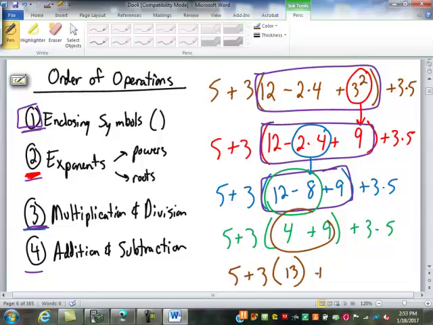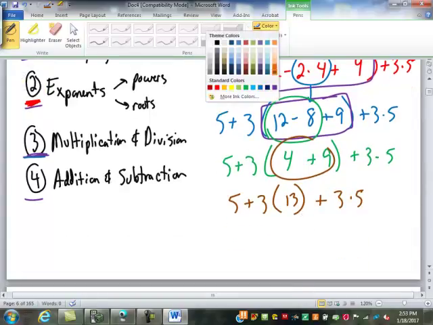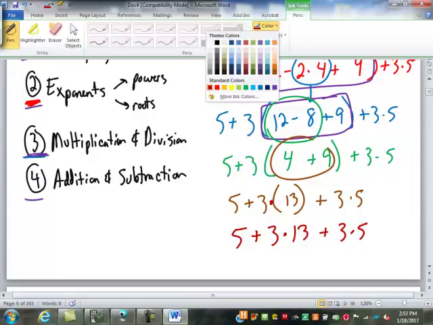So now, excuse me, now that the parentheses is reduced to a single number, we can get rid of the parentheses, and what do we have to remember to put in here? Multiplication, good. So this is 5 plus 3 times 13 plus 3 times 5. So now, again, we go back down through our levels of priority.